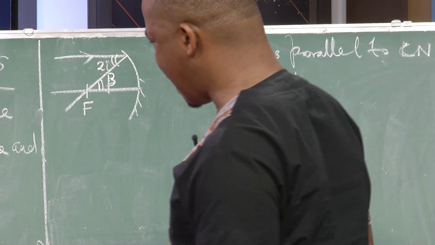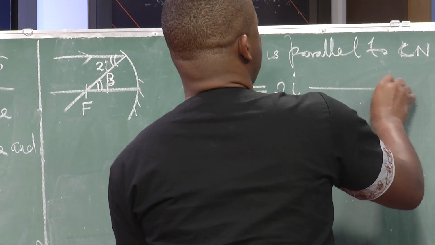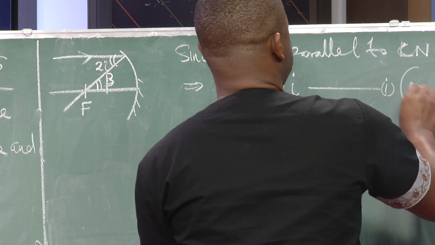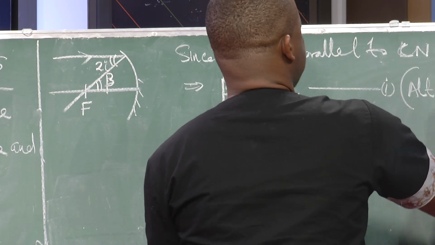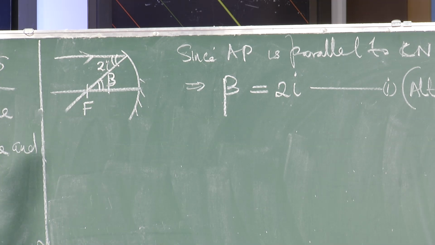We can label this as number one and put a reason that they are alternate angles. 2I is alternate to beta.